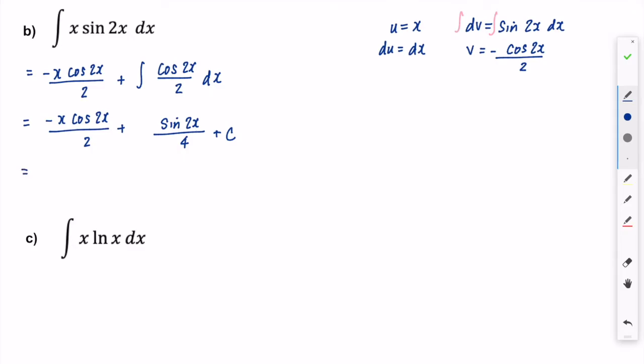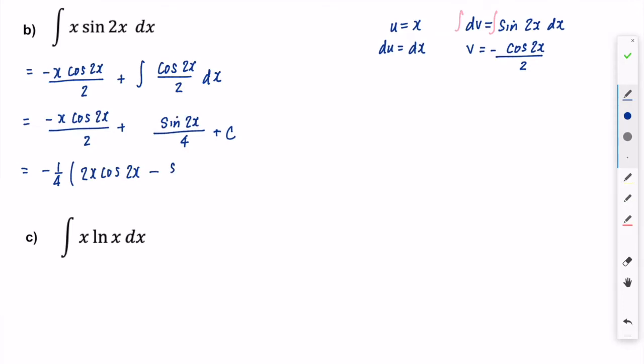If you're picky, you can factor negative 1 over 4. And then here you have 2x cos 2x minus sine 2x plus c.